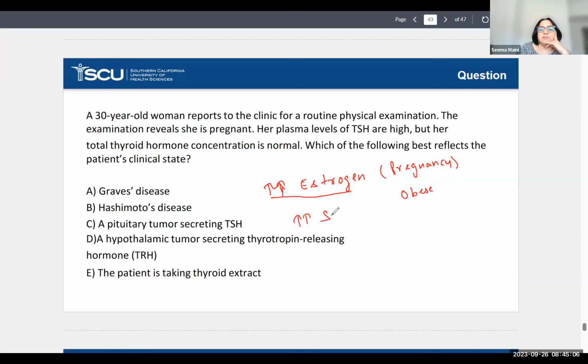Now there is deficiency of free T3, T4 in this patient because she has normal T3, T4, but most of the T3, T4 is in the bound state, and there is reduced T3, T4 in the free form. Because there is relative deficiency of T3, T4, there is reduced negative feedback on the TSH secretion from anterior pituitary. Does that make sense, guys?